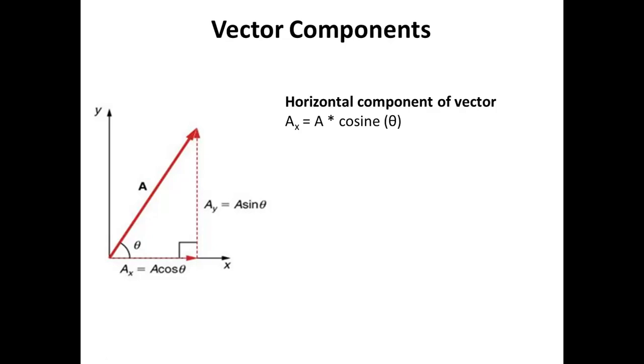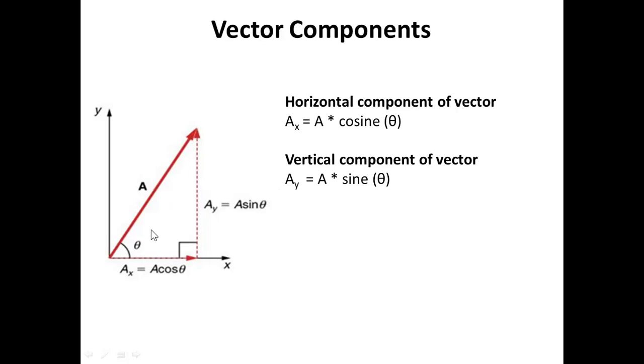For the vertical component of this illustration of the vector, to determine AY, this broken line pointing towards the north is the vertical component. So let's represent this as AY. Since this line is opposite of this angle theta, and the vector with magnitude A is the hypotenuse, we're going to represent this as AY is equal to A sine of theta.